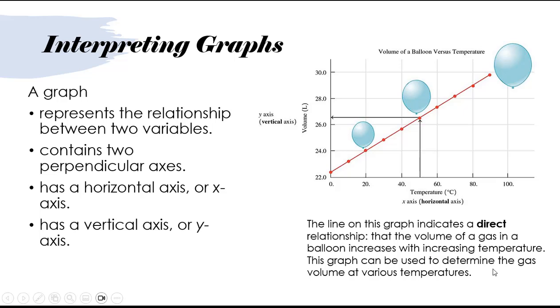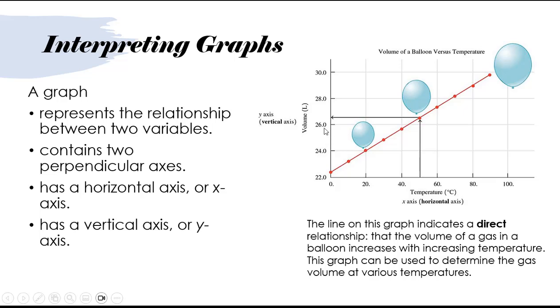This graph can then be used to help us determine the volume of a gas at various temperatures. For example, if I asked what the volume of this gas is at 35 degrees Celsius, you would look at the graph, go halfway between 20 and 40, extrapolate up to where you see your data point, that red line, and then extrapolate over to your y-axis.